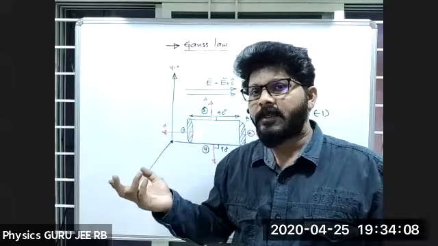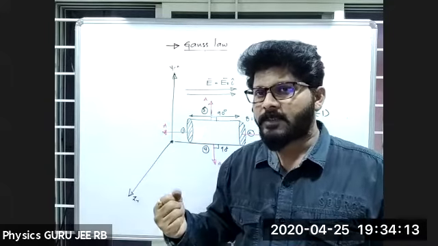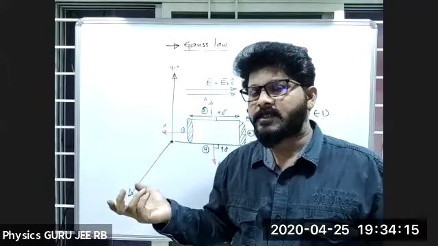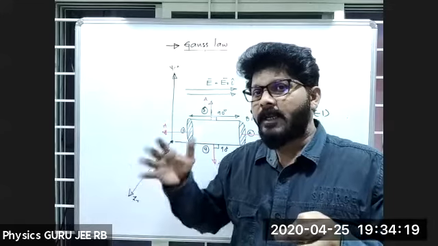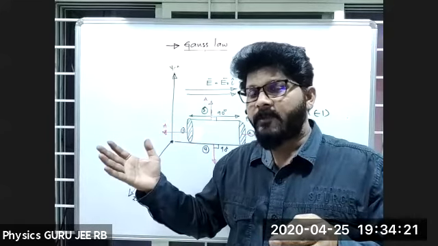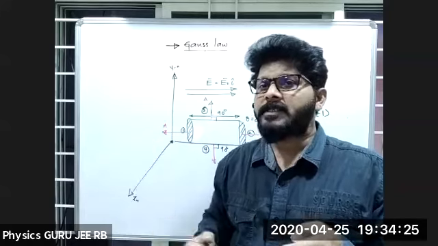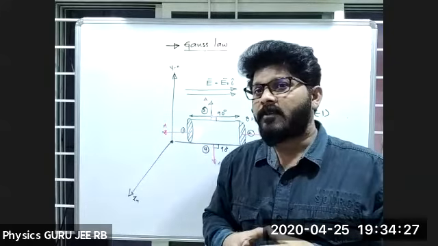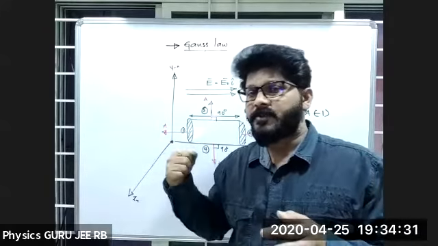Then we entered into three dimensions: how to calculate the flux for closed surfaces at a particular distance from the origin when the electric field is varying with respect to the x direction. Then the flux will not be 0 at that particular point. That is also shown.